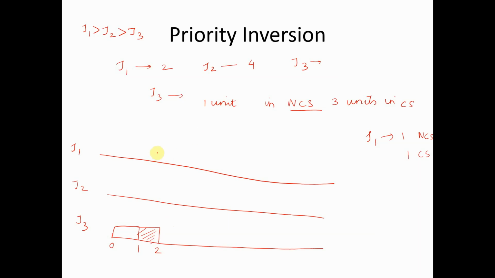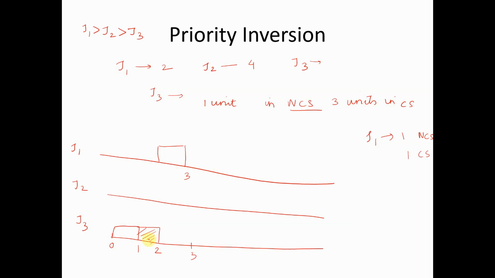So at 2, since J1 needs 1 unit in non-critical section, it will execute 1 unit in non-critical section, that is till 3. Now assume that at point 3, J1 requests the shared resource which is being held by J3.